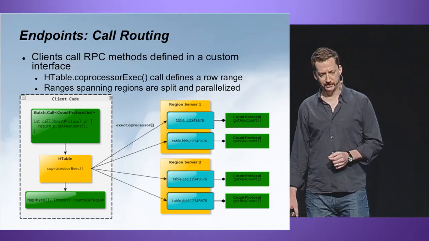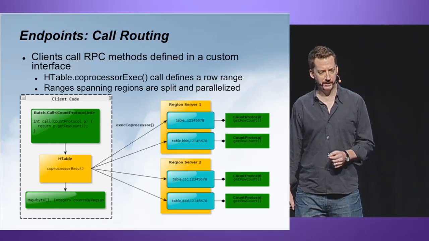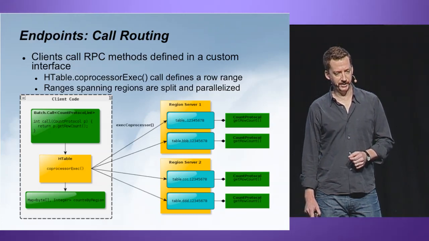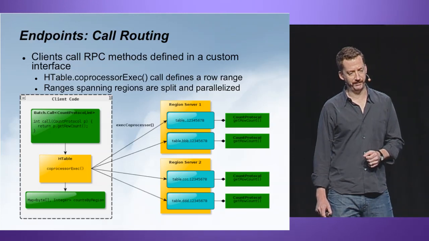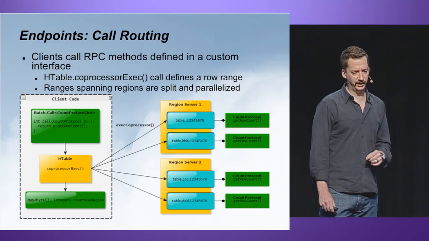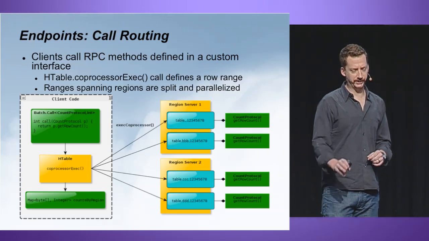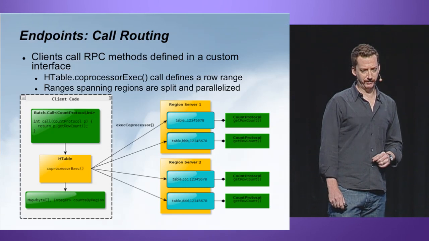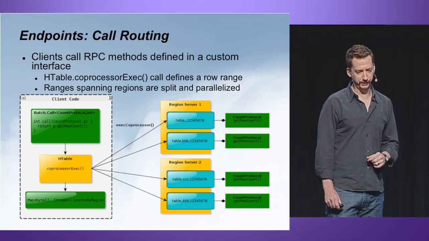And hopefully you can see an example of an endpoint request actually executing from a client to the server side. Green represents user-level code that's executing. Yellow is HBase code. Blue is the table regions. So we have a sort of contrived example of this row count protocol that's being exposed.